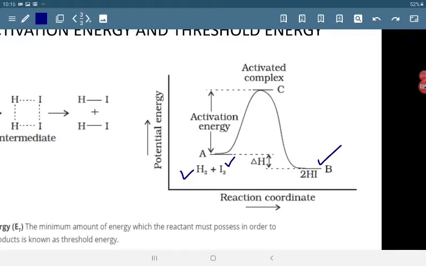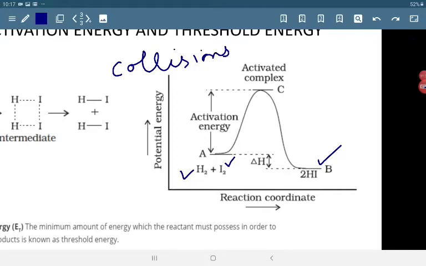Now what is the primary requirement for a reaction to occur? According to collision theory of reaction rates, the primary requirement for a reaction to occur is that the reactant molecules must collide with each other. There must be collisions between the molecules.